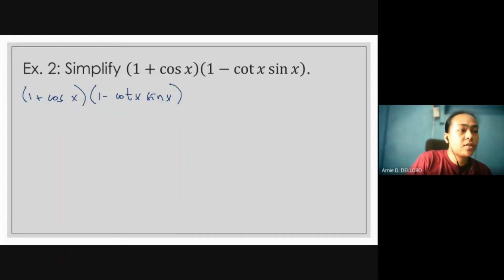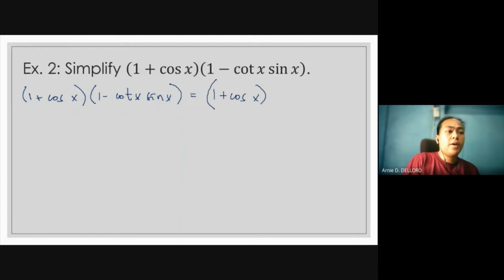Dito sa 1 plus cosine, wala naman tayong pwedeng i-simplify. So we'll just have to copy cosine x. In this factor, we have 1 minus cotangent x sine x.